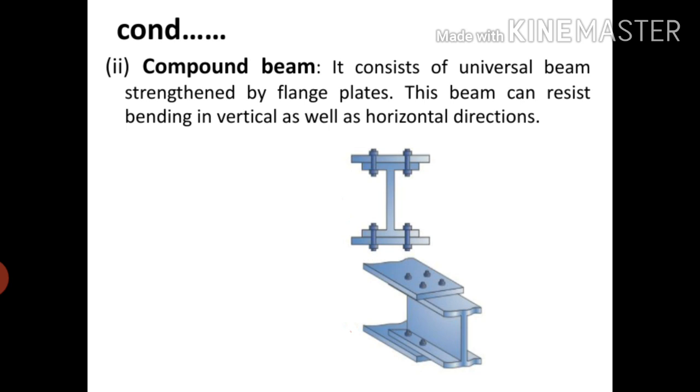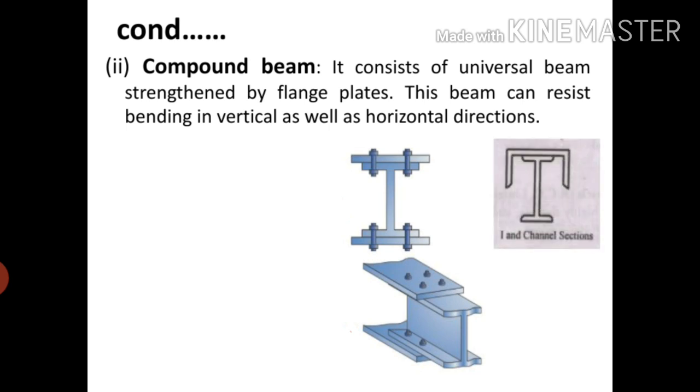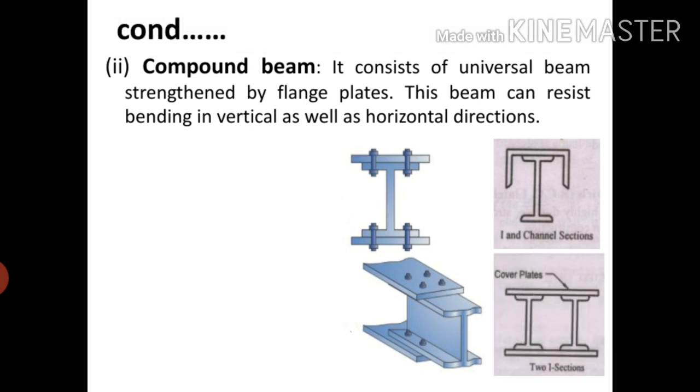So this figure tells about the compound beam, and sometimes the I section is provided with a channel section, and if the load is very heavy, two I sections are provided with the cover plate on both sides of the flanges.